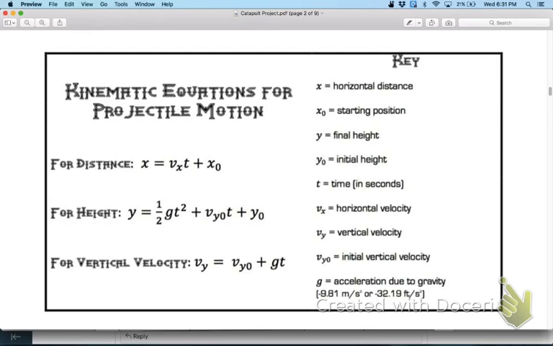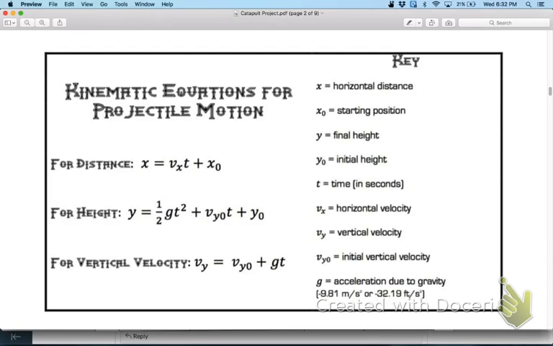Okay. Now, don't get overwhelmed by this, because each of these variables just stands for something specific that's going to be information that you are given in the problem. So for distance, the horizontal distance, that's why we're calling it x, is going to be the horizontal velocity, that's Vx, times t, plus the initial starting position, so the initial horizontal distance.